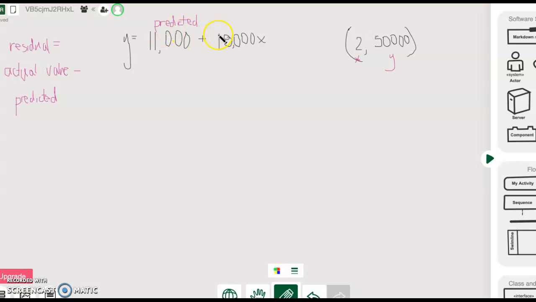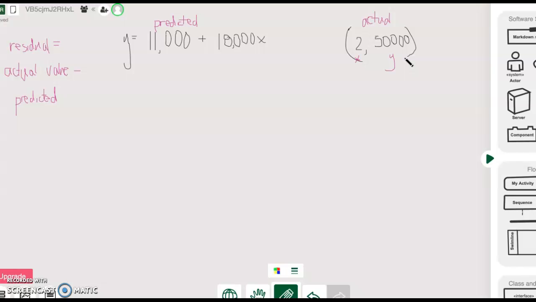The actual value is going to be the actual real value of the car, which we already said, a car that's been owned for 2 years has been driven for about 50,000 kilometers. This is the actual, real car that we're looking at. The actual mileage of a car that's been owned for 2 years. Okay, so I'm going to calculate the predicted, and then I'm going to subtract it from the actual, and I'll show you what that looks like.